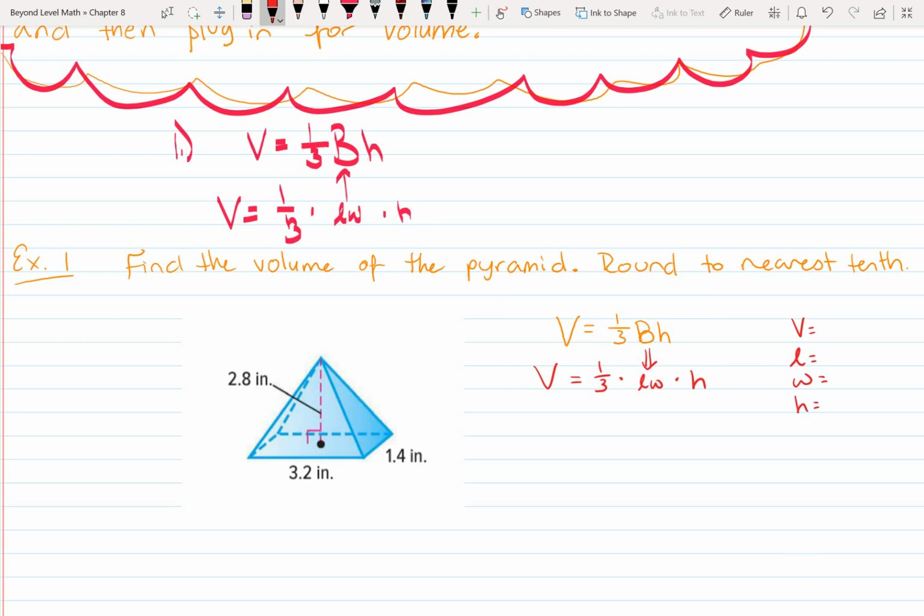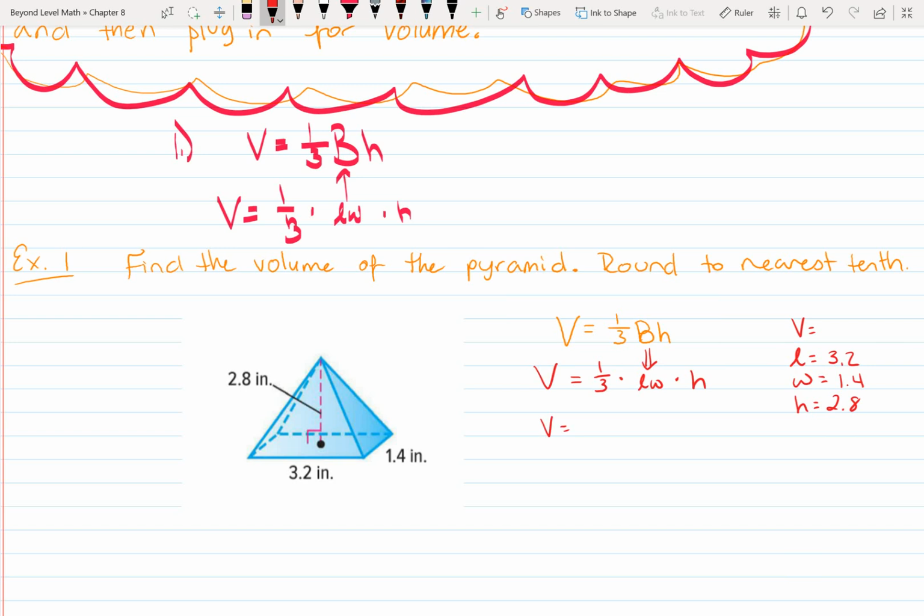It says find the volume, so we don't know the volume, so I'm going to leave that blank. But the length of the base is 3.2. The width of the base is 1.4. And the height, again, you see that dotted line, it's got the right angle, going to the center of the base up to the apex, is 2.8. So I'm going to label all of that first, and then I'm going to plug in what we know.